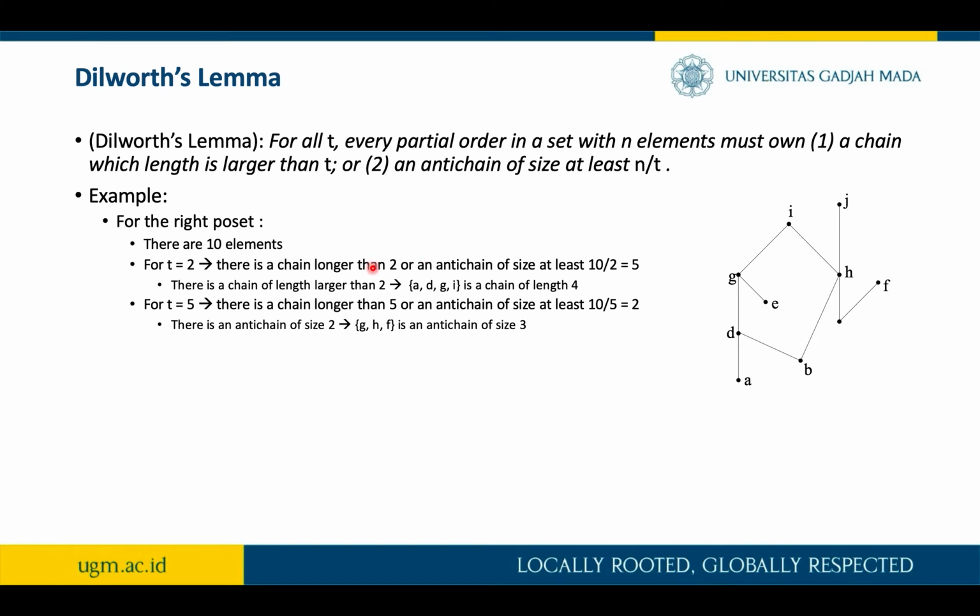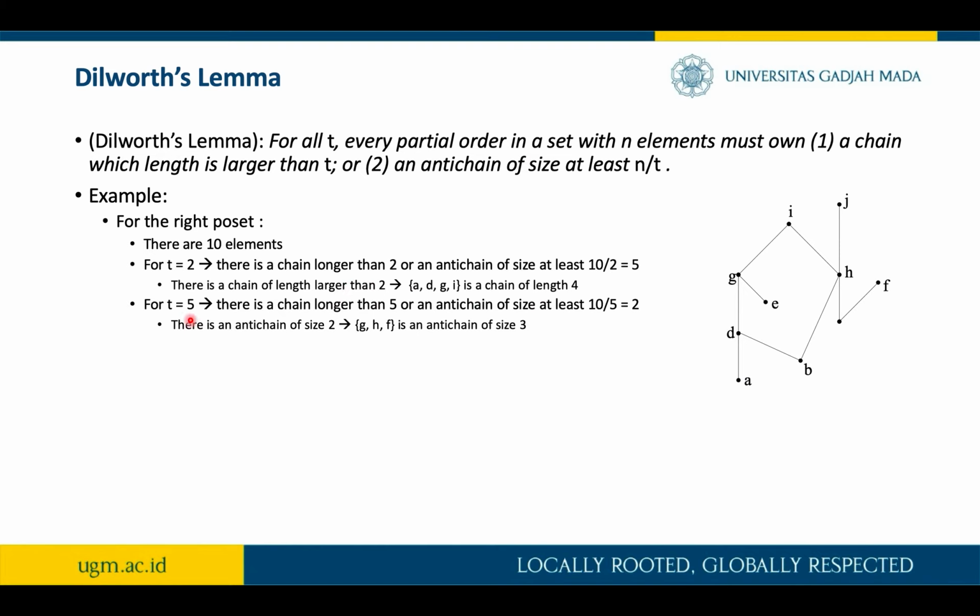There is a chain longer than 2. But there's no anti-chain of size at least 5. In this case, we cannot find any, I think. 1, 2, 3, 4. The maximum size of the chain is 4, I think. So it is not possible to have an anti-chain of size 5. So the first one is the correct one in this case.